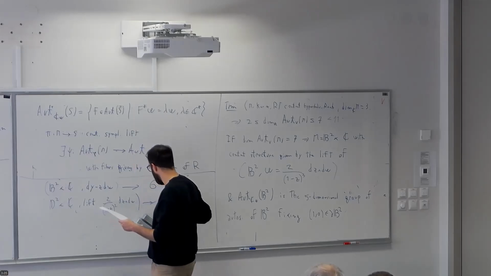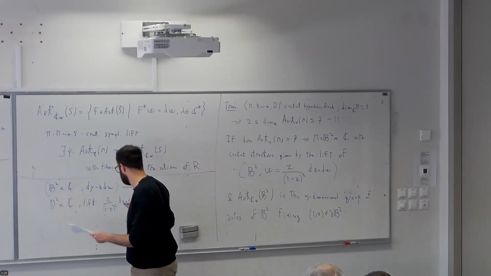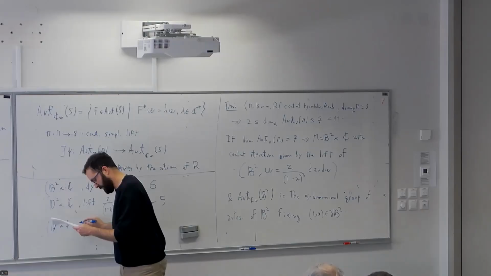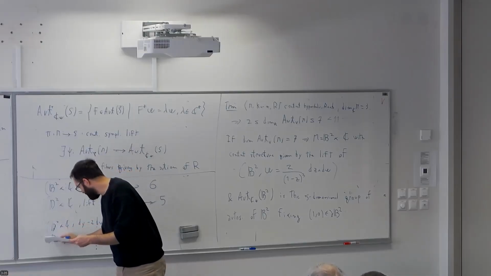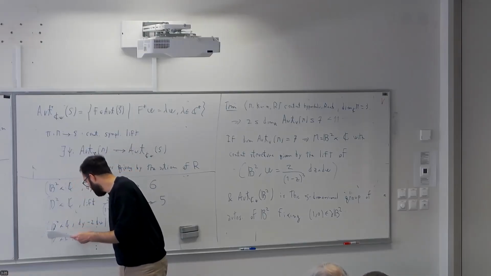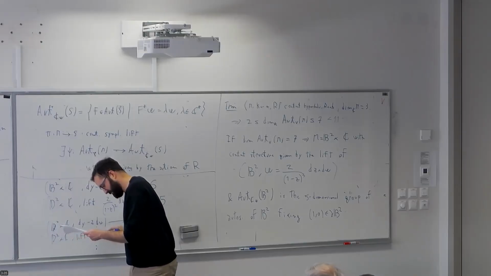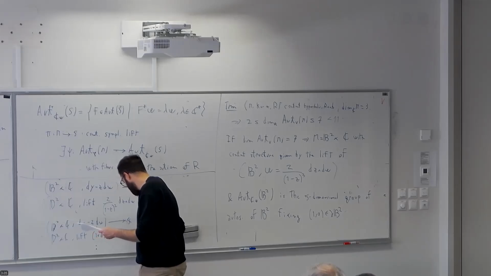This gives you dimension 5. Then you have the standard D2 times C with dy minus z dw. This is dimension 4. And then you have D2 times C, and you lift something a bit less homogeneous, like 1 plus z, dz wedge dw, which is dimension 3.